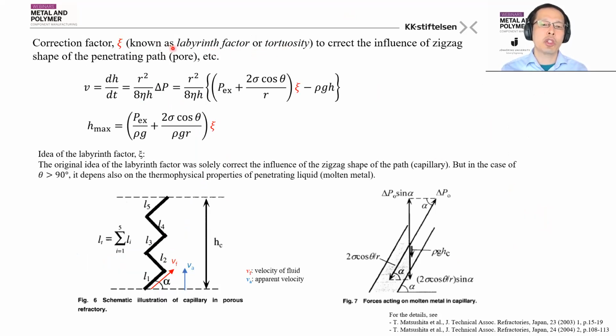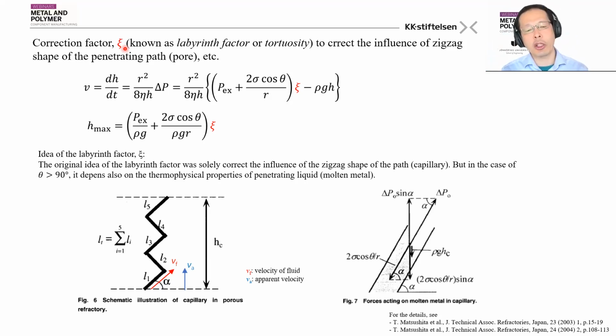We have to use this factor for the lower pressure range because in the capillary model, the penetration takes place straightforwardly. We assume a straight capillary, but in reality the pore path has a zigzag shape, so we have to correct for this influence.